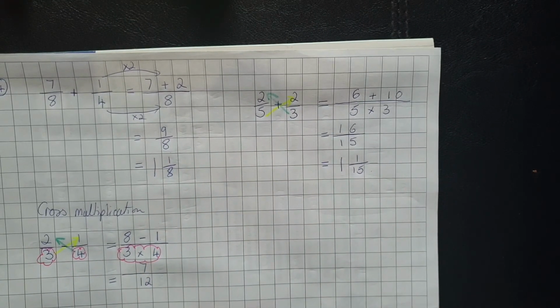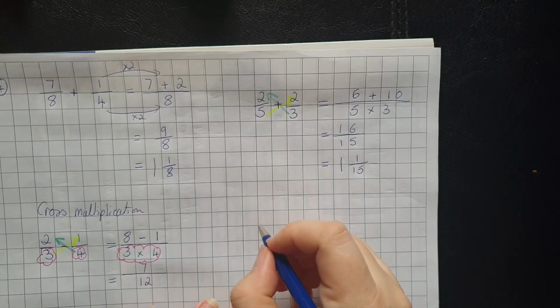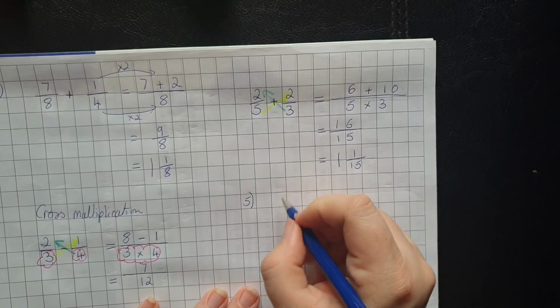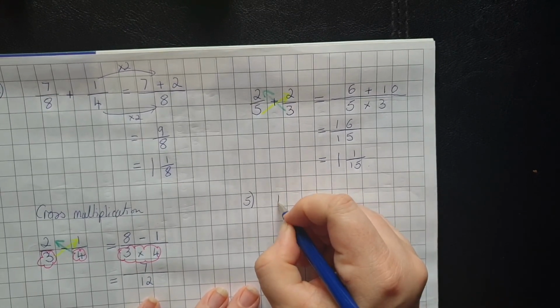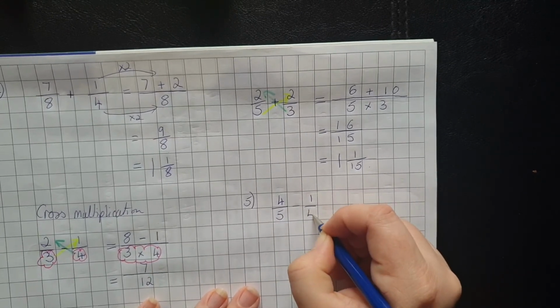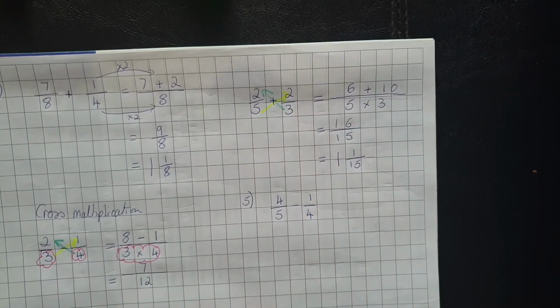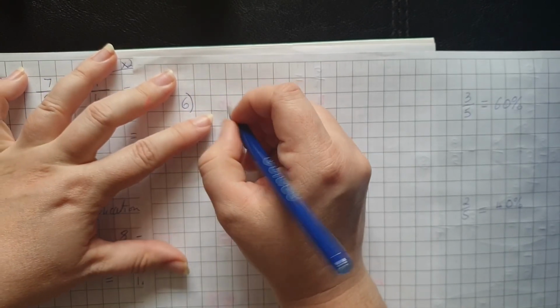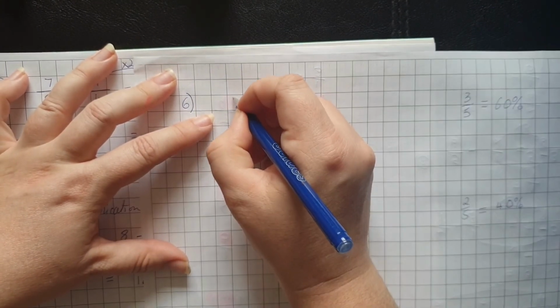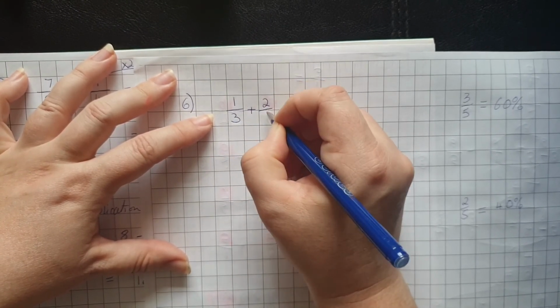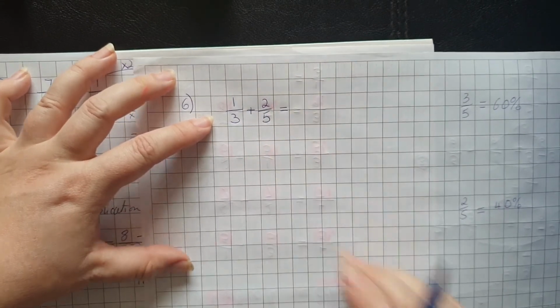Again, two tasks for you. We're on number 5 for you. So we have 4/5 minus 1/4, and we will also do task number 6, 1/3 plus 2/5.